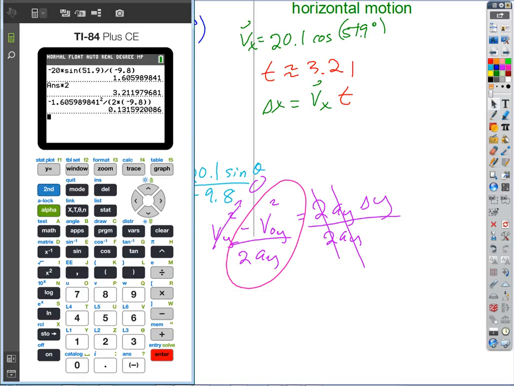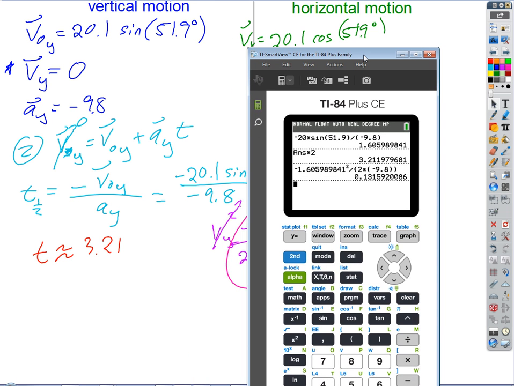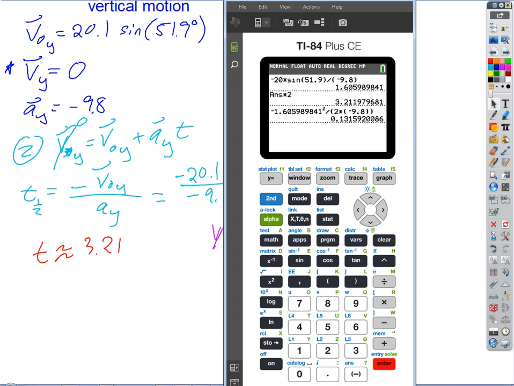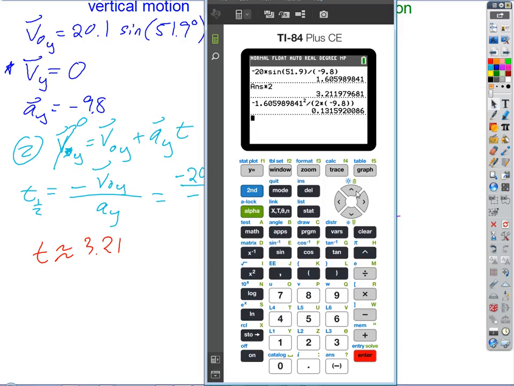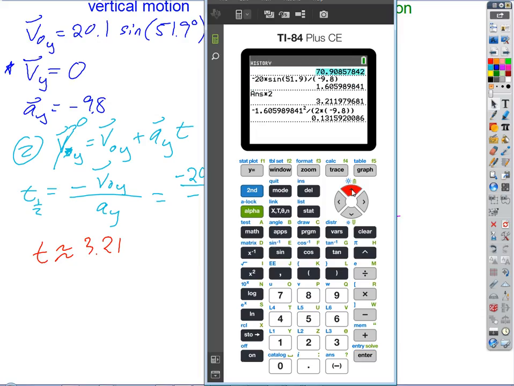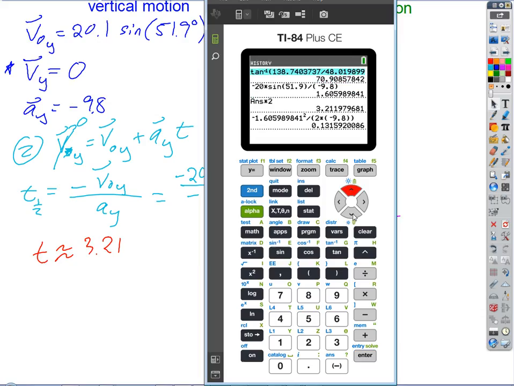That doesn't seem, that's not right. Oh, I picked the wrong number. What did I do? Oh, I never figured out what 20, okay, I see what I did. Oh my gosh. That number right there, the negative 1.6, that's not the right number. That's divided by negative 9.8, right? Oh my gosh, I'm screwing this up so bad.